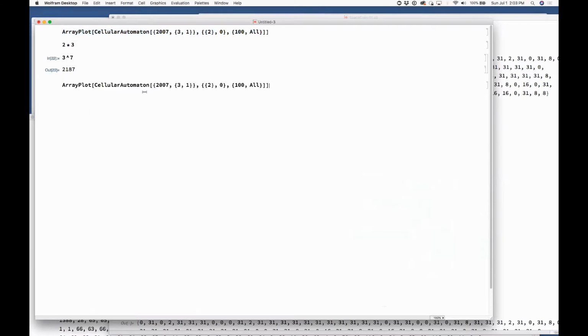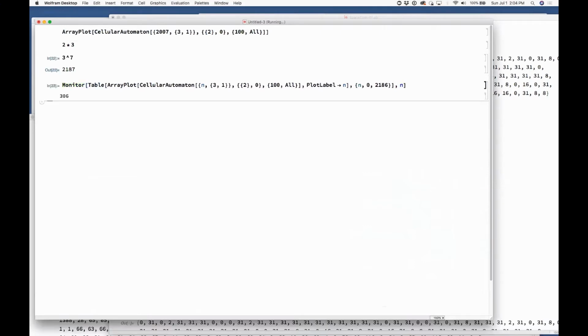So we can just go through and basically say, for each rule n, and let's say plot label n, so for each of those rules, let's just go through table n, 0 to 2186. And let's just, for the sake of actually seeing what's happening here, monitor it with respect to n.